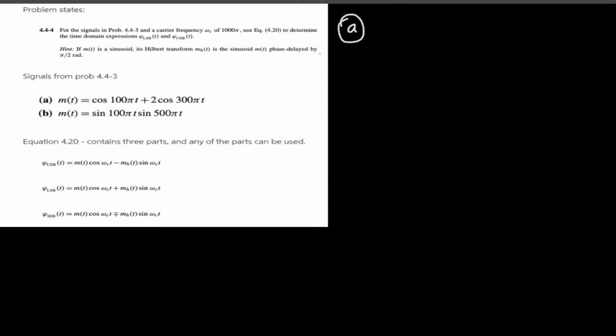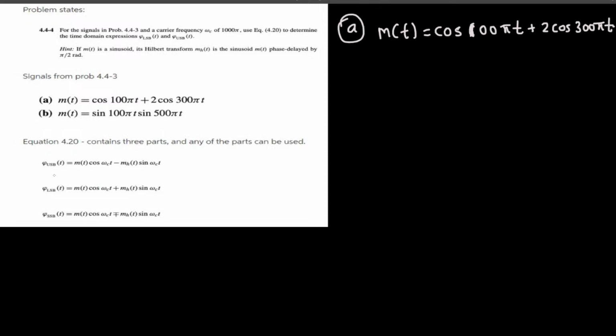In the A part, we have m of t equal to cos 100πt plus 2 cos 300πt. And as mentioned, equation 4.20 contains these three equations.